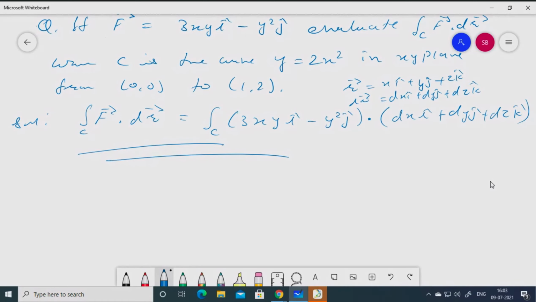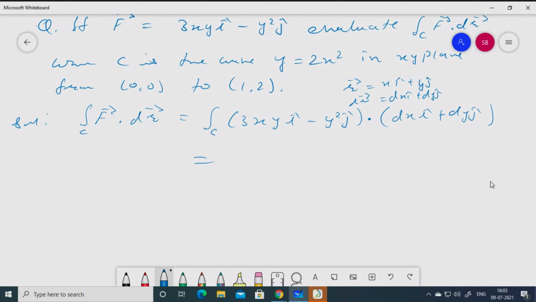But since the integration is performed in the xy plane, z will be equal to 0, and your r bar will be only x i plus y j and your dr bar will be dx i plus dy j. So you will not have this term for this reason. Mention all these things, whatever I am saying, and then write this down. Understood all of you? Don't skip the steps.